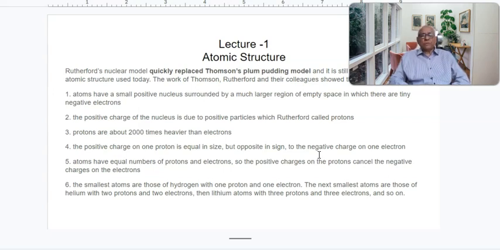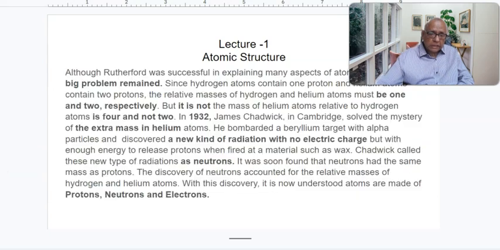Even with a high resolution electron microscope, we could not see an atom unless we magnify it a million times. However, that's 6 points, which is in the slide. We go to the next slide and tell a little bit more about it.